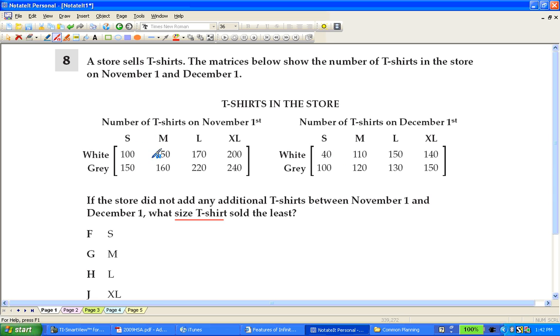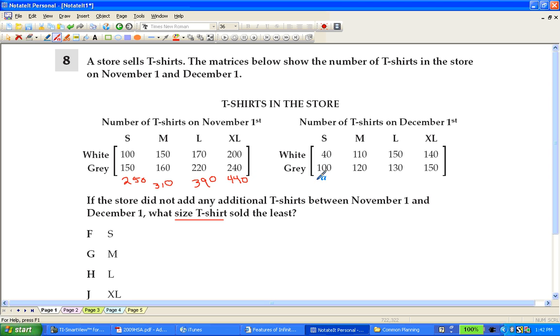Well, on November 1st, there was 250 smalls, there was 310 mediums, there were 390 larges, and there were 440 XLs.